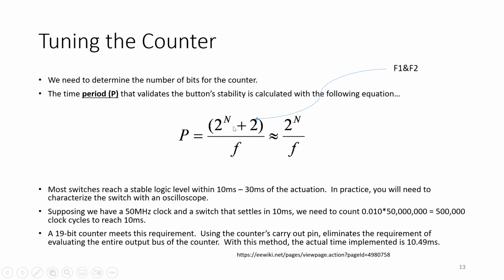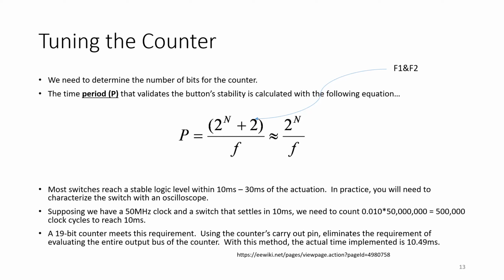So 2 to the power n over f should be equal to my P. F is the frequency; 1 clock is 1 over f, so T is 1 over f. So I am dividing 2 to the power n by f.